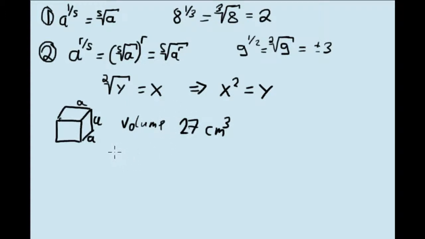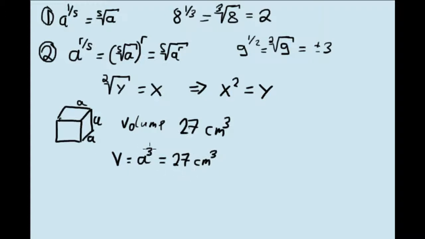You might recall from geometry that the volume V is simply the edge length a cubed. Okay. Now V is given, so let's write this to be 27 centimeter cubed, and I want to find a.